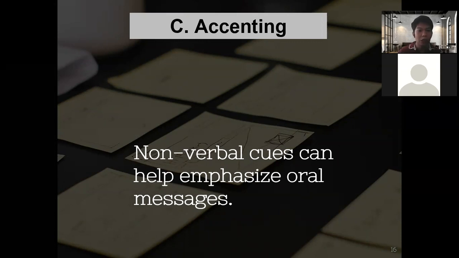So we can use nonverbal communication when it comes to accenting for various purposes. It could mean that you want to emphasize that the message is important, or if you want to elicit the attention of your hearers or the receivers of the message.